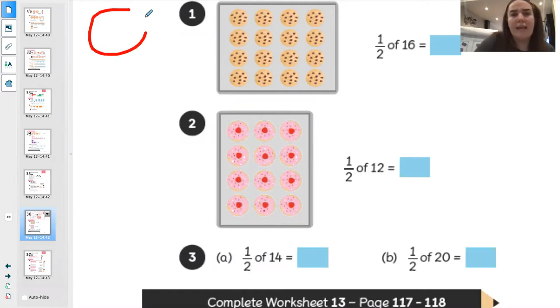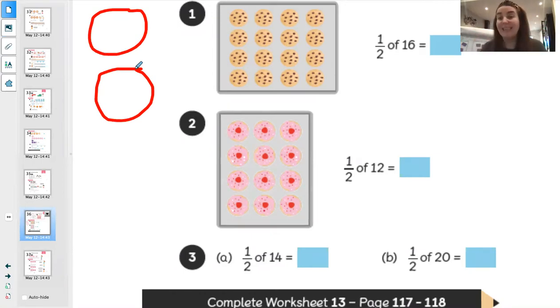Why do you think we'd be sharing the cookies out onto 2 plates? Think about how that matches up with our shape work. How many parts did we split a shape up into when we were finding half? That's right, we split it up into 2 parts. So when we're finding half of a number, we've got to split it up into 2 parts again.